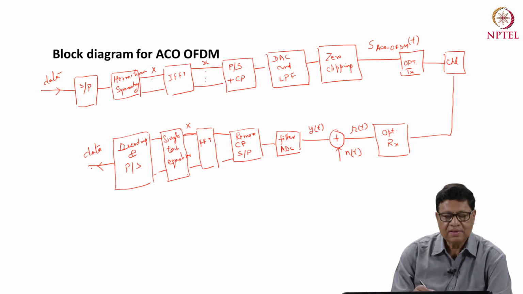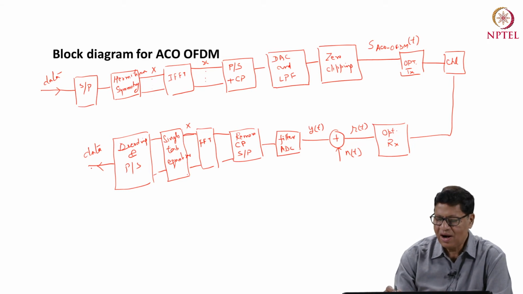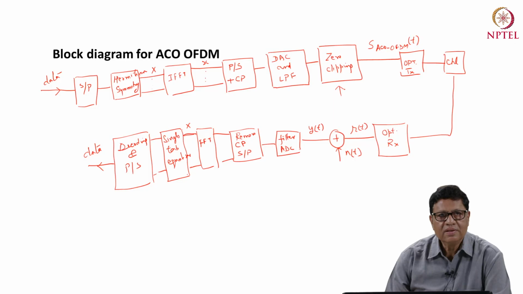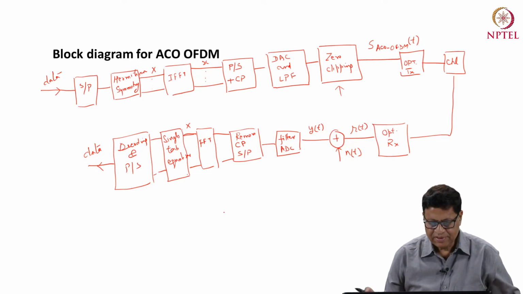So this is similar to DC-OFDM, but in DC-OFDM we had given a DC shift to the signal. Here we are hard clipping at 0, and the data is carried only on the odd subcarriers, and the even subcarriers don't carry any data. So this is the block diagram of OFDM.